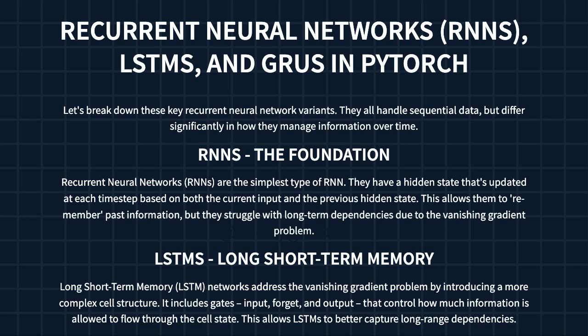GRUs are a streamlined version of LSTMs, using fewer parameters while still tackling those long-term dependencies effectively. So, if you're dealing with short sequences, an RNN might be enough. For longer, more complex sequences, LSTM is often the best choice. And if you need something fast and efficient without sacrificing too much accuracy, GRU can be a really solid option.